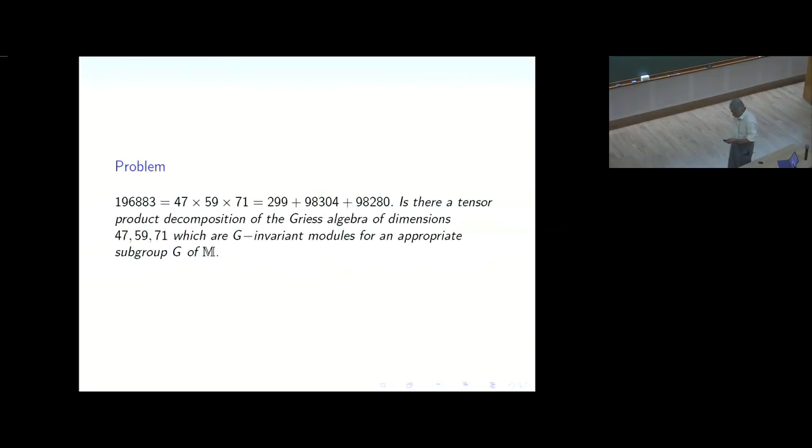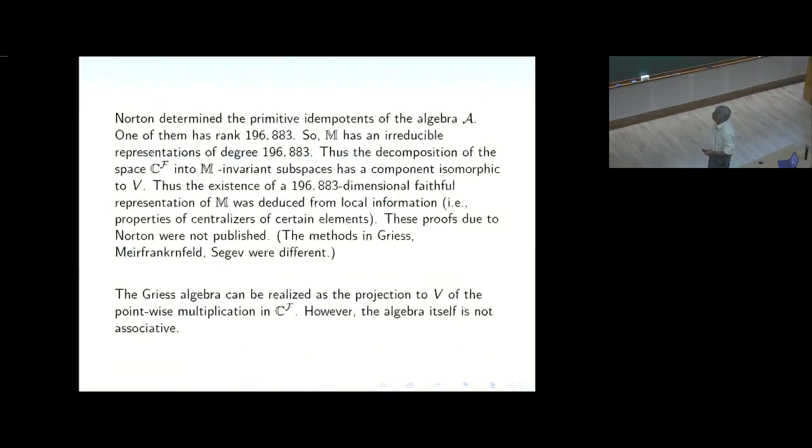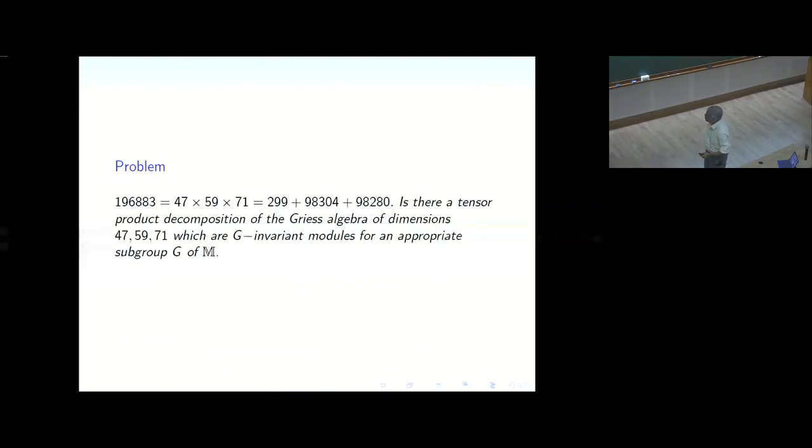Well, I don't know, this is actually one other little mystery. See, the Griess algebra construction made use of this sum. He takes the vector space V as a sum of three subspaces of these dimensions, by looking at the structure of the Golay code and some aspects of this language.